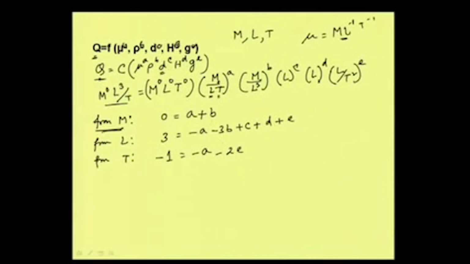So, what we can do, from here, this implies b is equal to minus a. So, b we can remove. Now, in place of b we can write minus a.